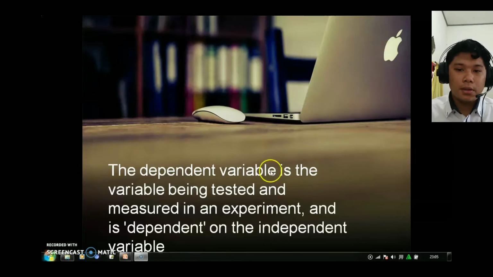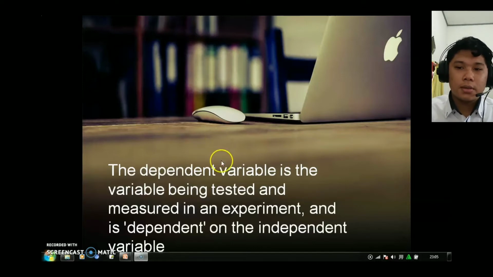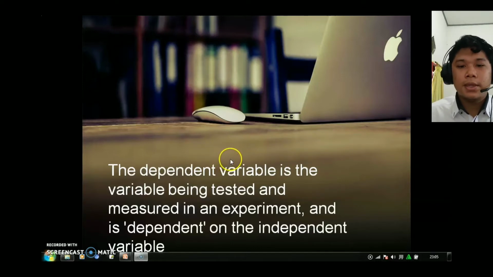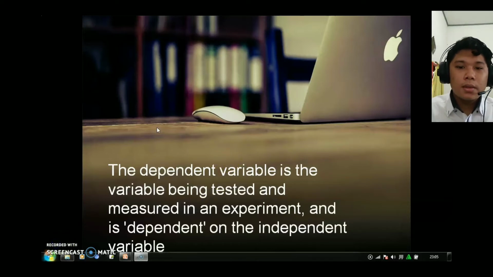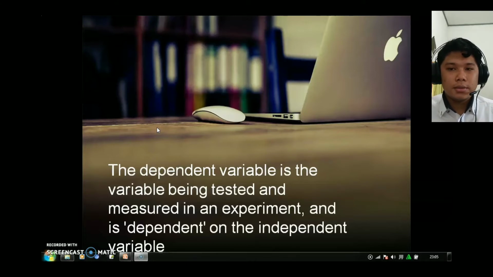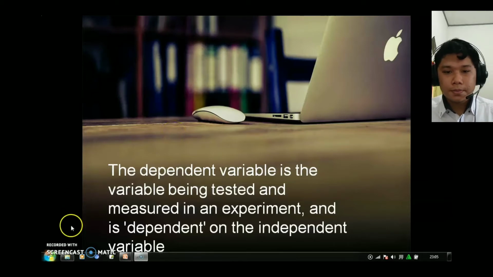This variable is expected to change as a result of an experimental manipulation of the independent variable or variables. So that being said, the dependent variable cannot stand by itself. There should be another variable to be relied on.